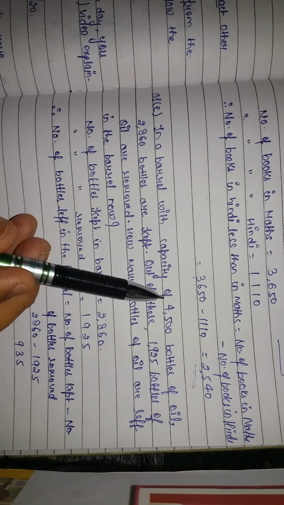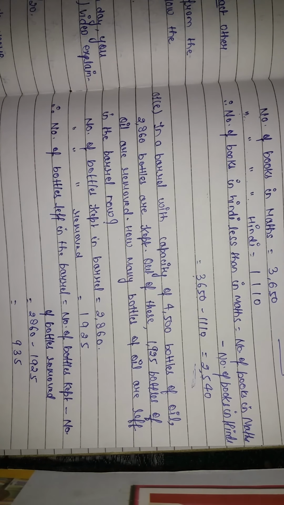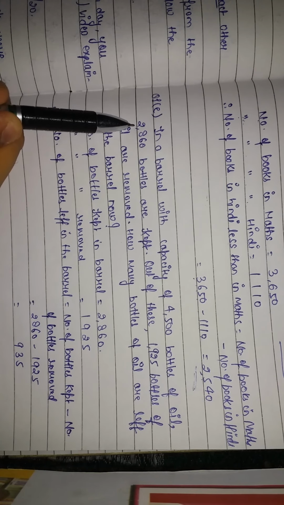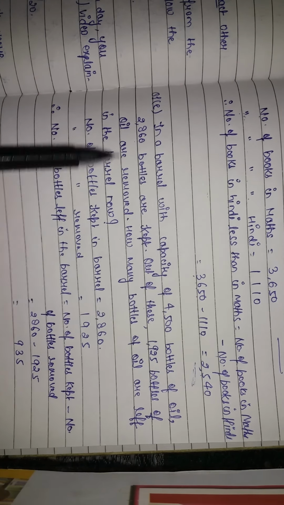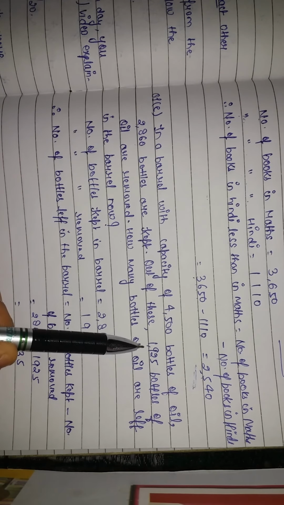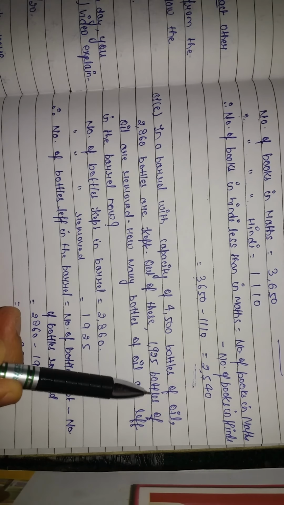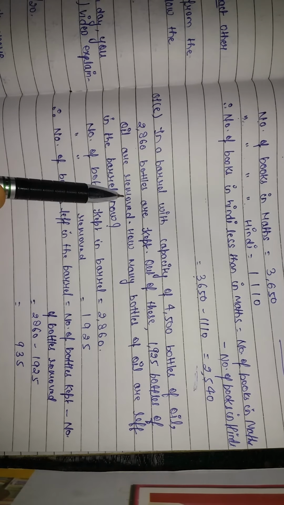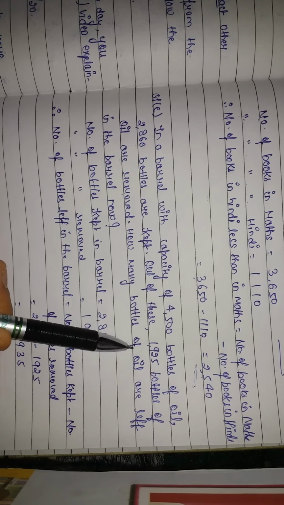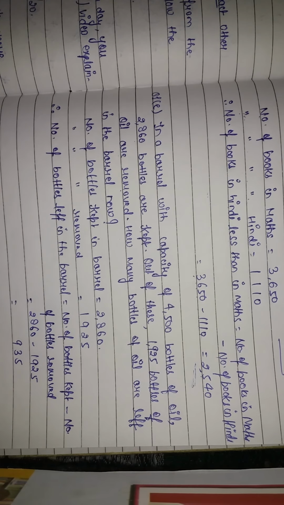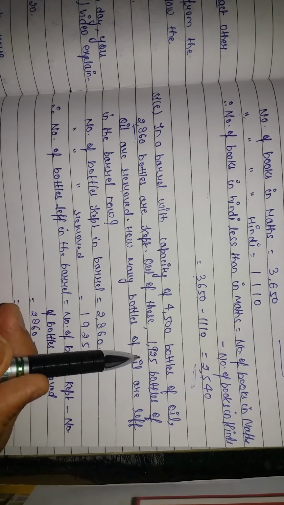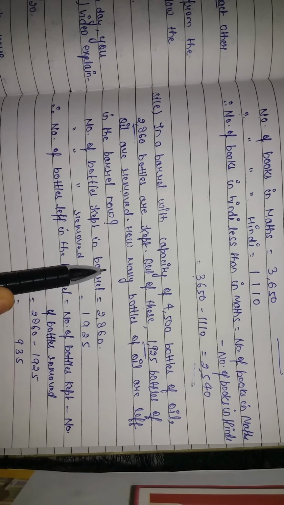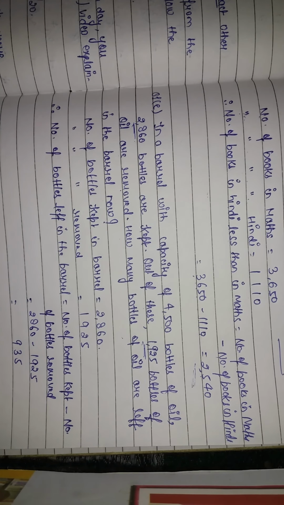This is the maximum capacity that you can keep, but right now you have kept 2,860. Out of these, means अब इन बोतलों में से 1,925 bottles of oil are removed. How many bottles of oil are left in the barrel now?